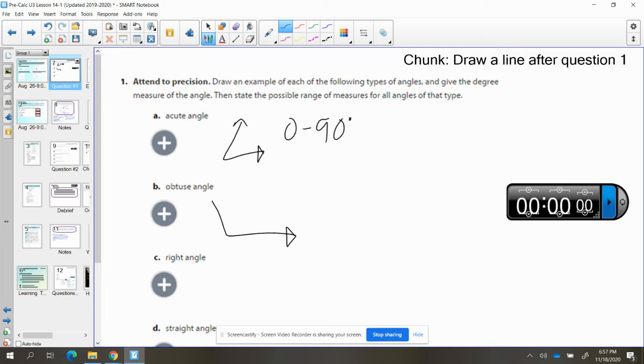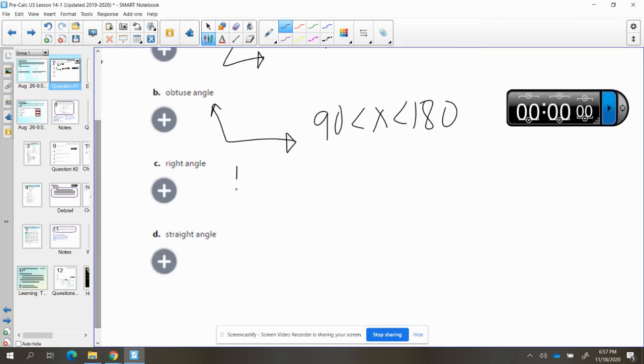Obtuse angles are angles that are between 90 and 180. They're not, again, going to equal 90 or 180. Right? 90 and 180 are reserved for our right angles and our straight angles. Our right angles equal exactly 90. Straight angles equal exactly 180, right?